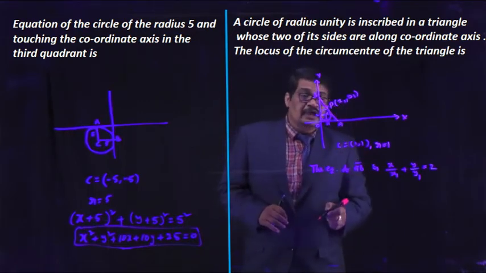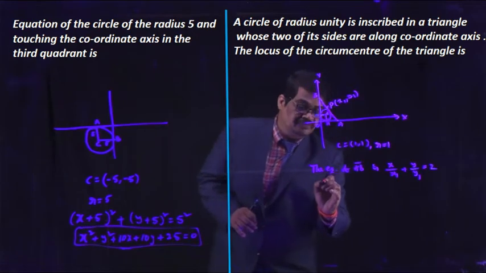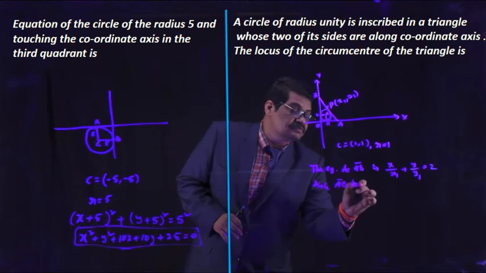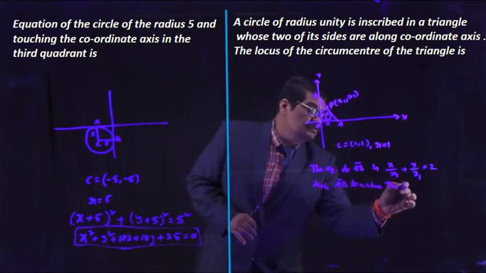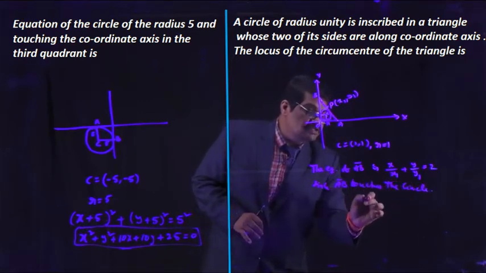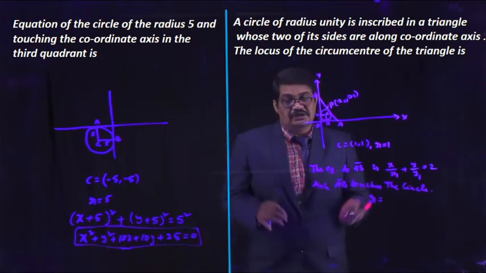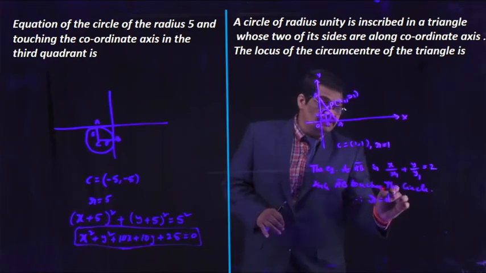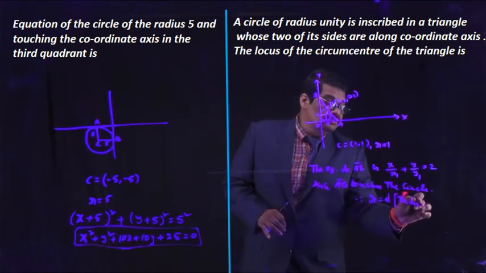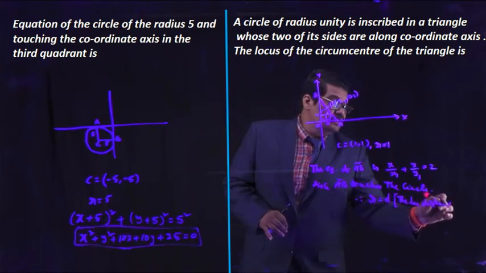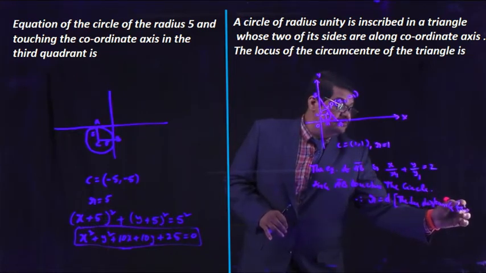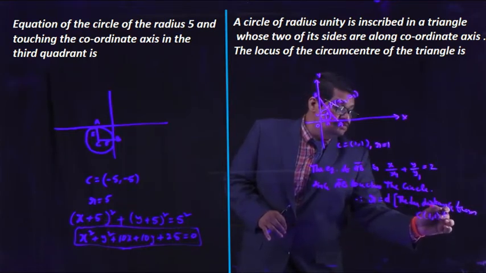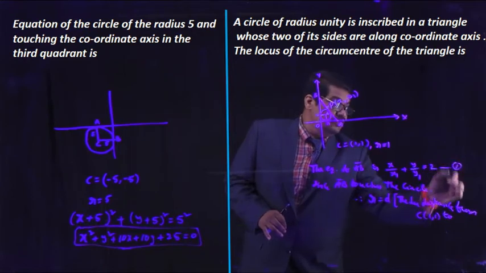So since AB touches the circle, therefore if any line touches the circle, then the condition is R is equal to D, where D is the perpendicular distance from the center 1 comma 1 to the line. That is say equation 1.